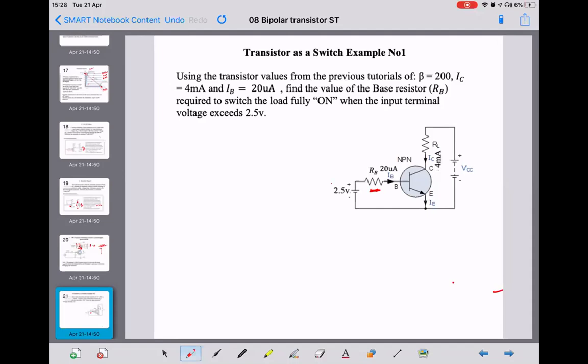So we've got 2.5 volts here. What value of resistor do we need in there to make sure that transistor turns on? We calculated IB in a previous example, it's 20 microamps.